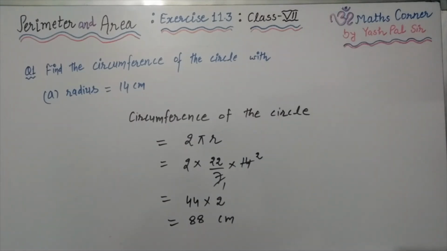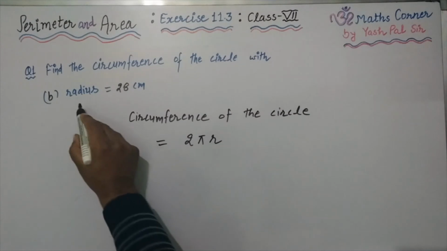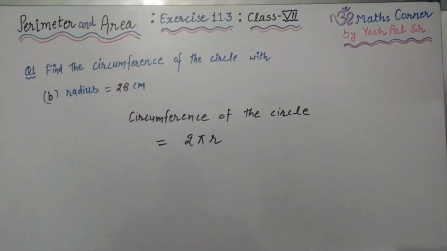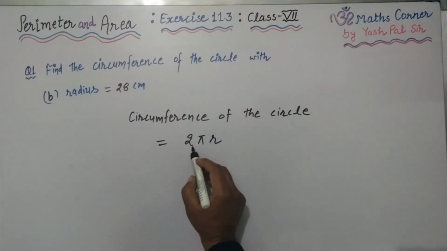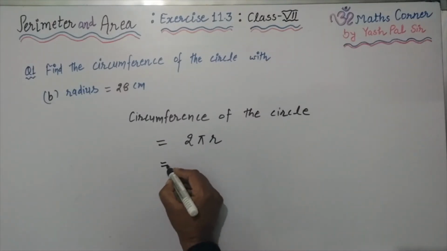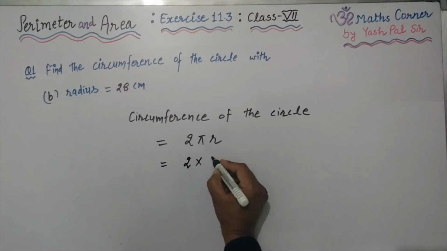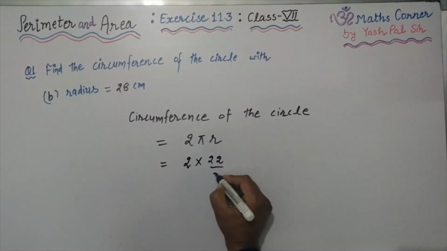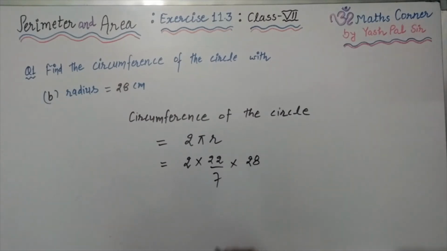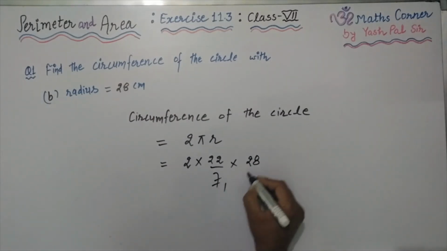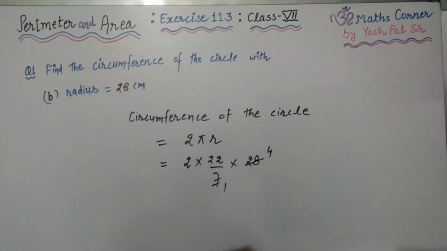Next is B part. In B part, radius is equal to 28 centimeter. So circumference of the circle is equal to 2 pi r, that is again 2 into 22 upon 7 into r, r is equal to 28. 7 ones are 7, 7 into 4 is 28.